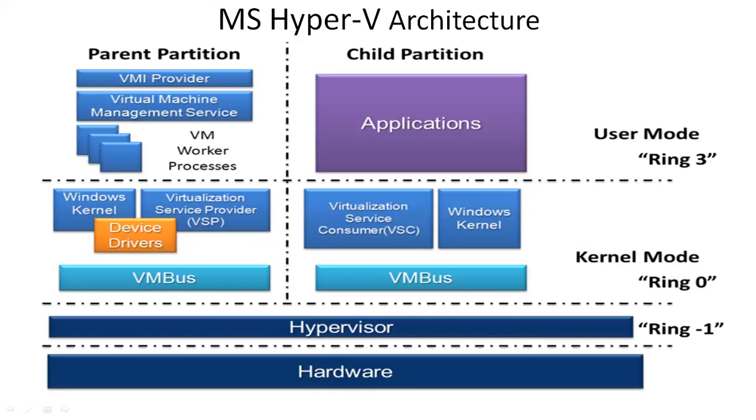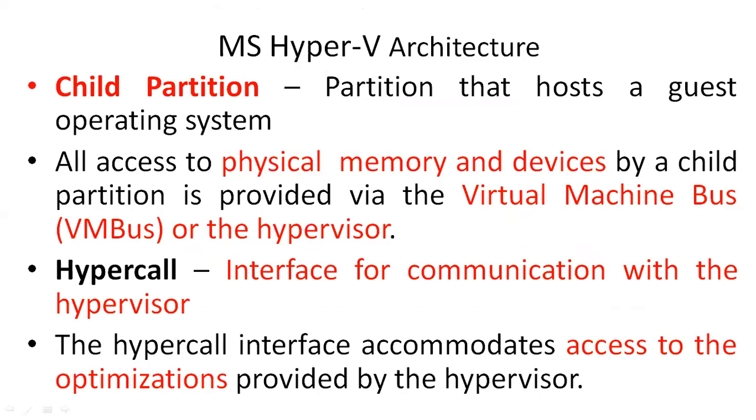On top of this operating system I am going to install a Linux operating system. Let us assume that in this case the Linux operating system is the virtual operating system or guest operating system. The partition that hosts the guest operating system is the child partition, used only for hosting the guest operating system.